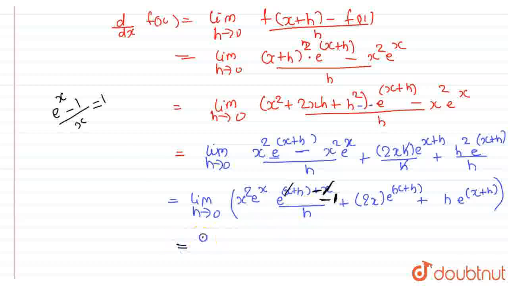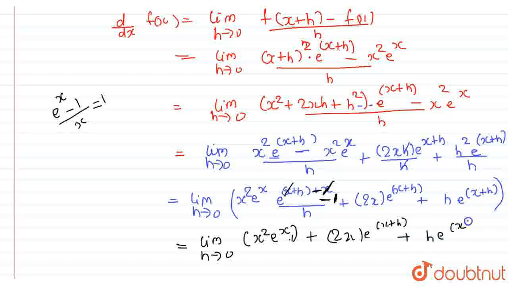So I can write limit h tends to 0, this one is x square e to the power x, this function is 1, plus this one is twice x e to the power x plus h, okay, plus this one is h e to the power x plus h.